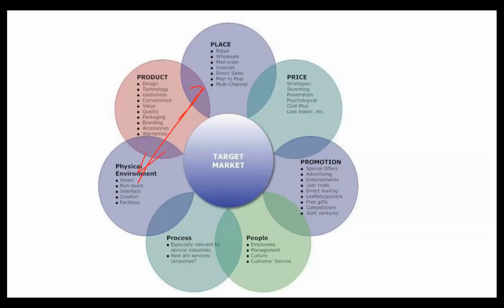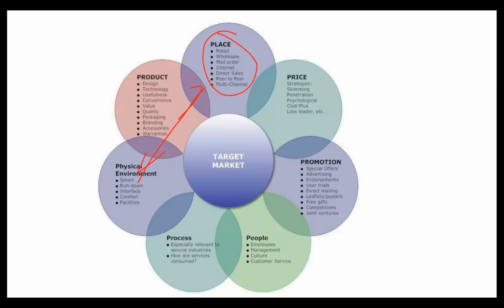So usually these two are related, just as you have heard them. They seem to be the same, but under place, the key thing that we are looking at is the location of the place. How are you setting your place? How accessible are your products supposed to be to your target market? Can people easily access them? If you are doing wholesaling, those people that are doing retail, can they easily come to access the product?